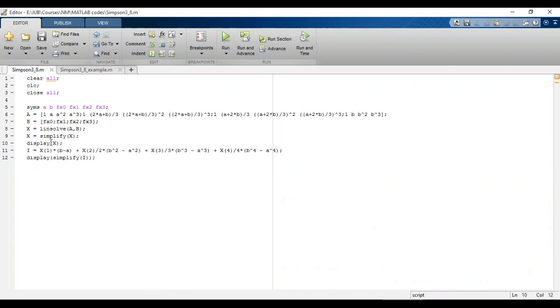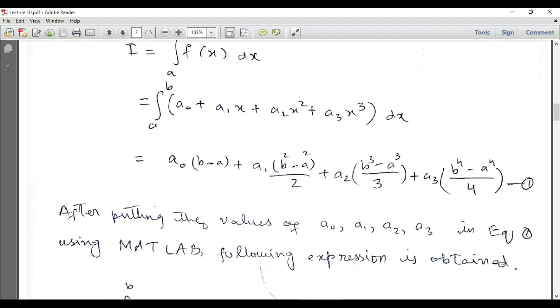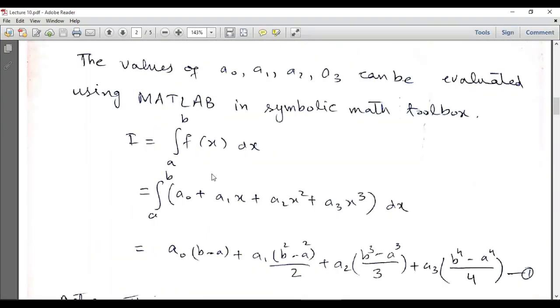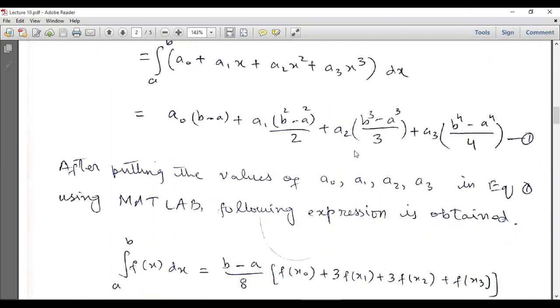This x will contain all the four unknown coefficients, and we can substitute those four unknown coefficients in the integration of this polynomial expression, and then we can get our final answer. So four unknowns are evaluated, and the integration of this third order polynomial will be equal to this expression, which is a very simple expression.